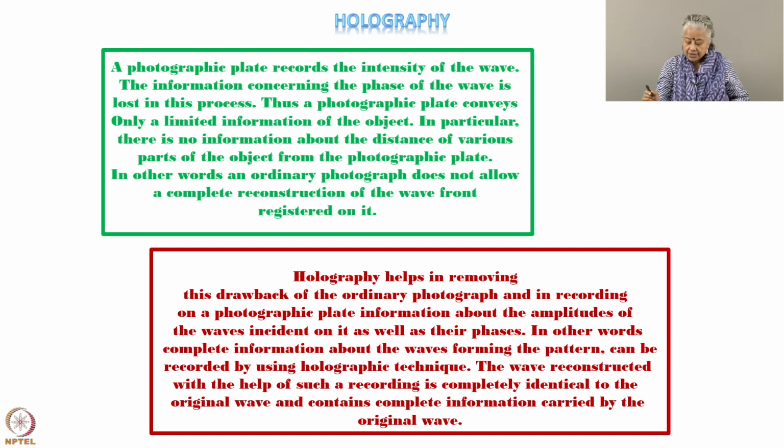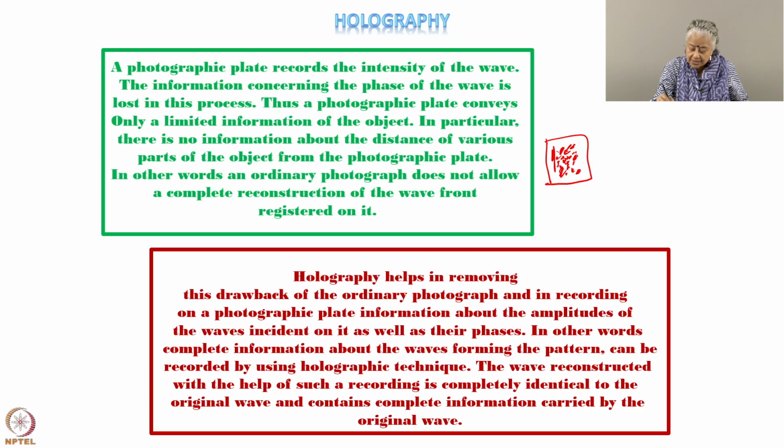So, here, suppose this is a photographic plate. You have just recorded the intensity which comes out from the object. These dots are the intensities, dots or pixels in case of a digital picture.